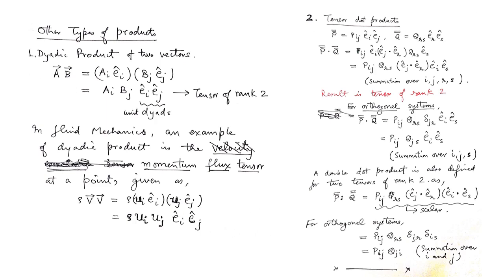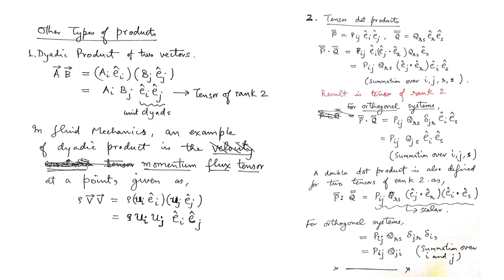Now in this slide I have shown some other types of products that we have involving vectors and tensors. We call them the dyadic product of two vectors. You are already familiar with what a unit dyad is. As you can see, the dyadic product of two general vectors A and B is simply written as the two vectors A, B with no dot or cross or any operation symbol written between them.